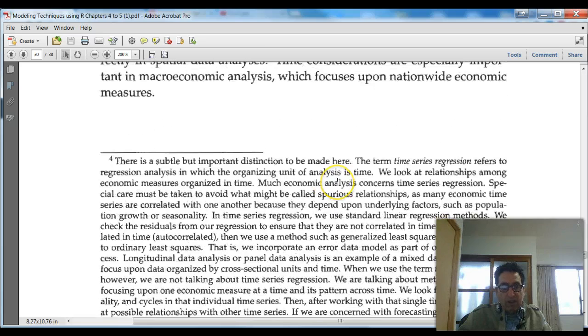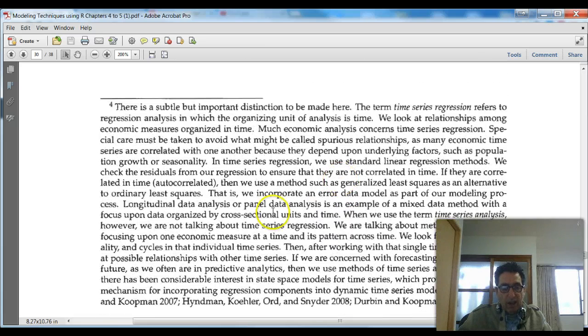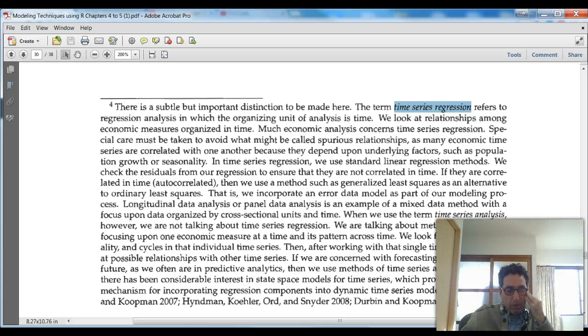Okay, now here, this is a very good footnote, and I think we should talk about it. He distinguishes between time series regression and time series analysis. So let's see what he means by the difference. Time series regression is when we're taking several variables and trying to predict a time series variable, or a time-dependent variable.